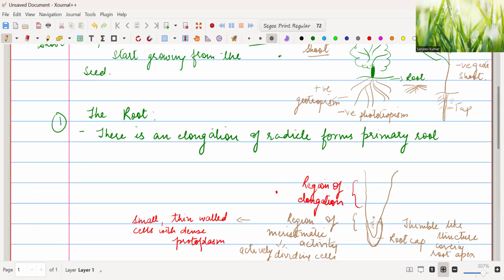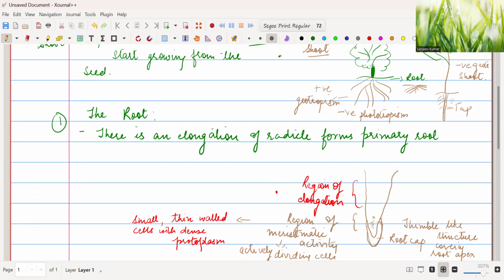In this region the cells gradually differentiate and mature. The cells are first smaller, they divide, and now they elongate to increase the size.